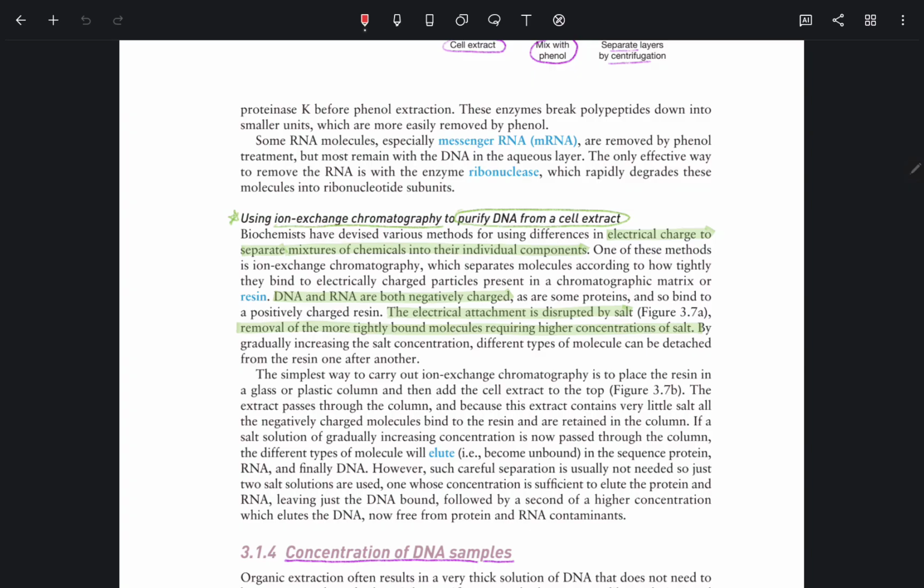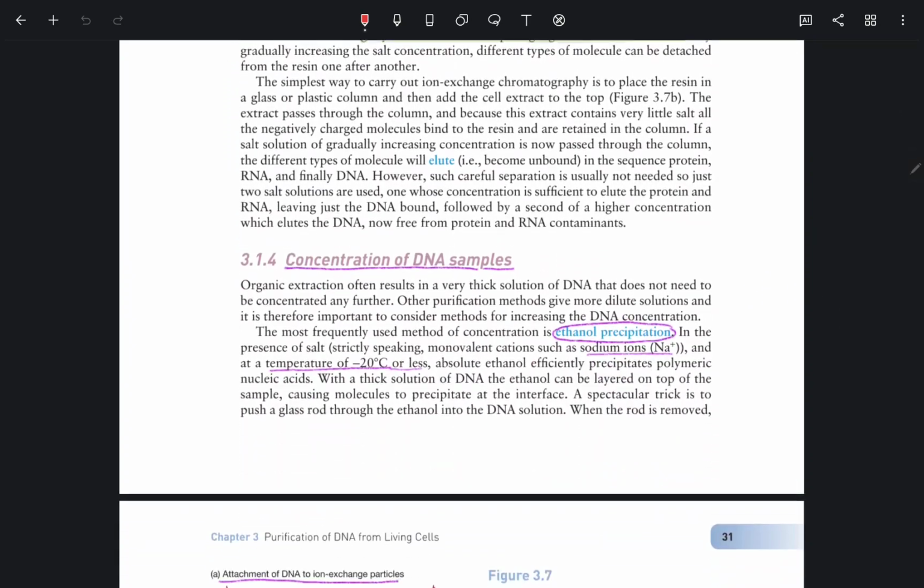DNA and RNA are most negatively charged, as are some proteins, and so bind to a positively charged resin. The electrical attachment is disrupted by salt, removal of the more tightly bound molecules requiring a higher concentration of salt.